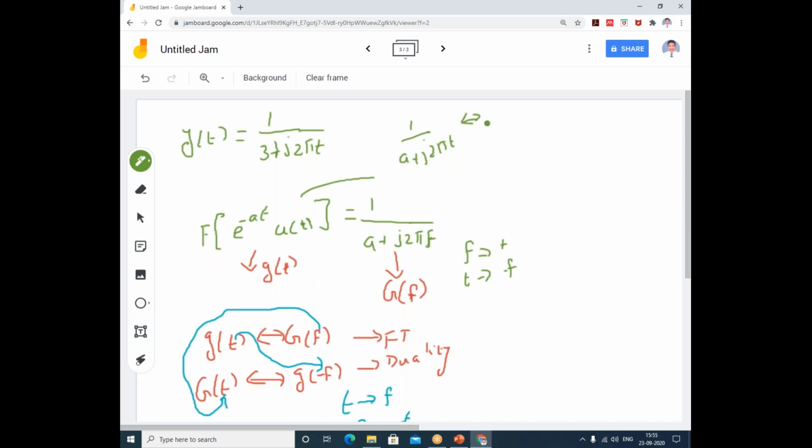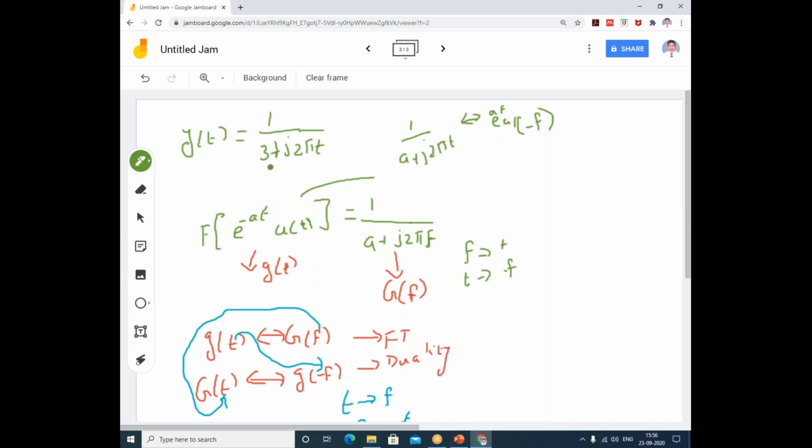Now you are replacing t with minus f, then you will get e power af u of minus f. That means, try to understand, the Fourier transform of 1 by a plus j2 pi t is e power af into u of minus f.